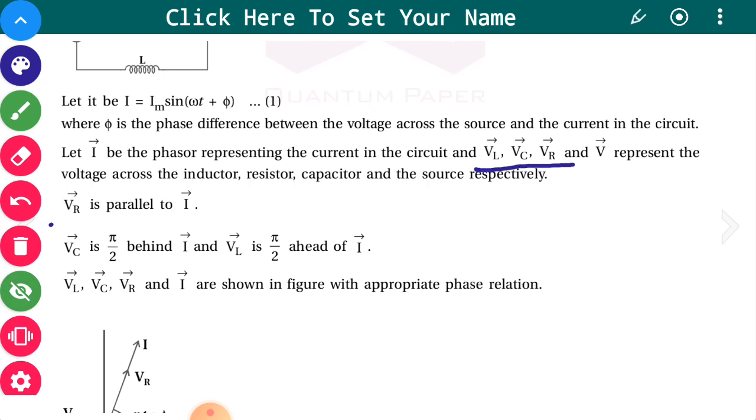Now voltage across resistor is parallel to I because there is no phase difference. Then voltage across capacitor is pi by 2 behind that of I, and VL is pi by 2 ahead of I.